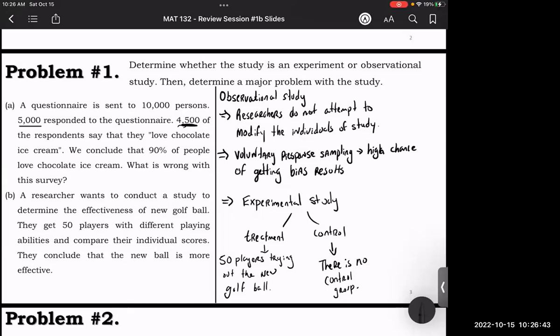Basically, for your control group, if you're trying to really test out the effectiveness of the new golf ball, then try out different golf balls or the old ones. So technically, it should be those using old golf balls.